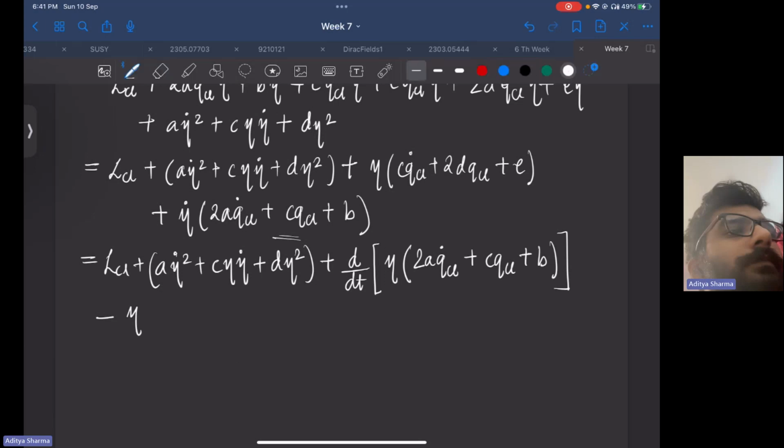So this will differentiate here and differentiate here. I'll subtract the term which differentiates here, that is η d/dt, and this is the term which was already there. I'm writing it here again.